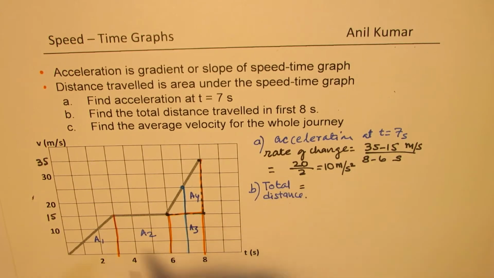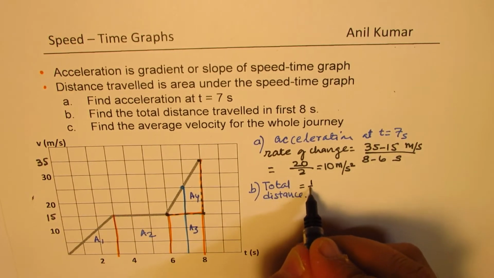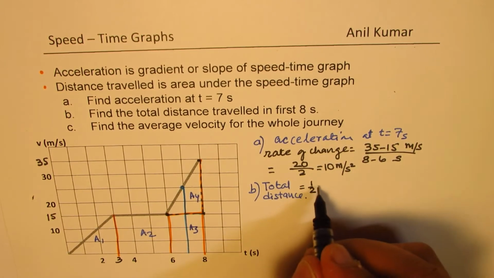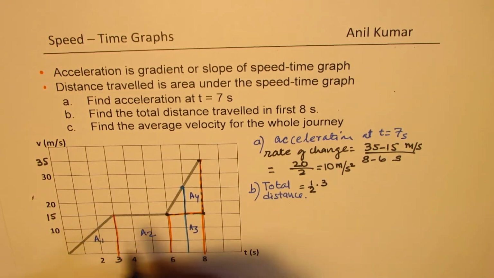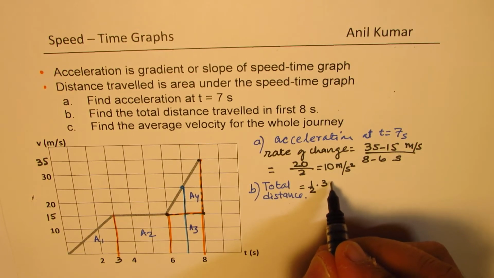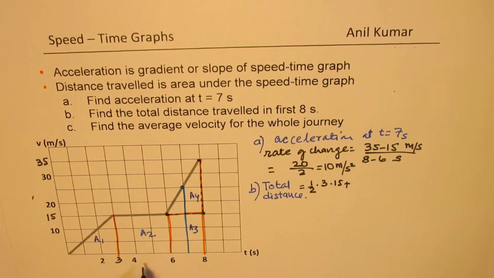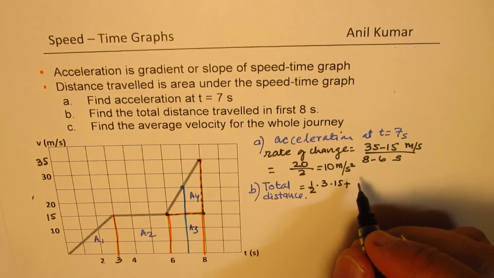Area of portion 1, which is a triangle, will be half of base 3 units, and the height is 15. So half of 3 times 15, plus this is a rectangle from 3 to 6, so it is 3 units wide, and here it is 15 units in velocity.